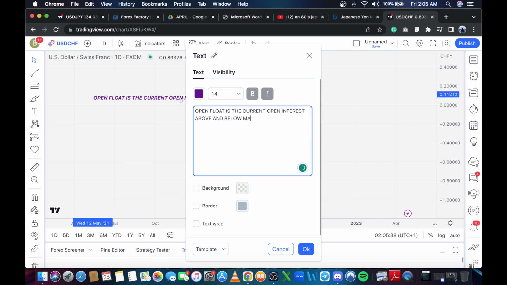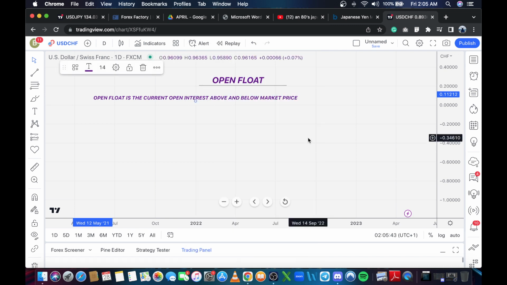When I say market price, I mean current market price. Open interest comes in form of pending buy orders resting above old highs in form of buy side liquidity, and vice versa for old lows in form of sell side liquidity.